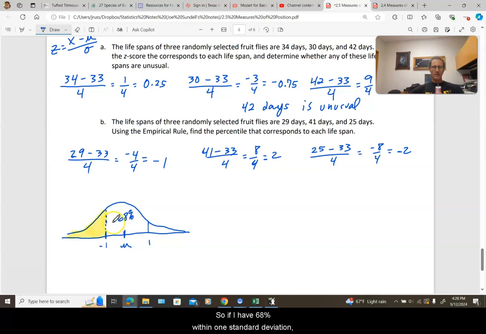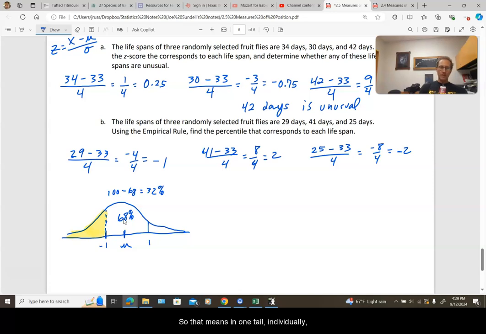So if I have 68% within 1 standard deviation, then that must mean that I have 100 minus 68, which is 32%, outside of this. So that would be 32% in both of these tails. Well, both of these tails would comprise 32%.